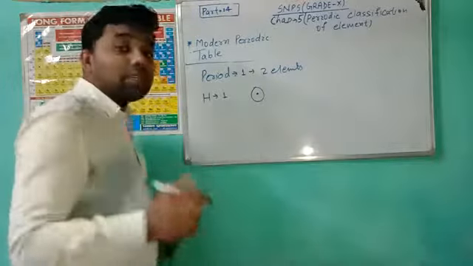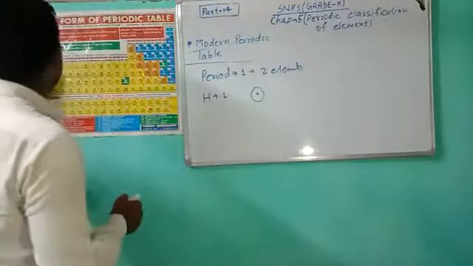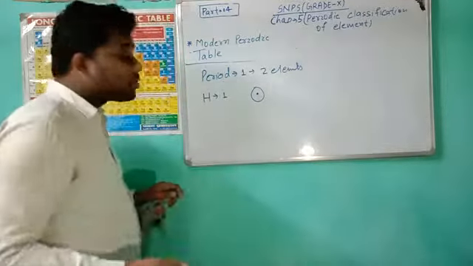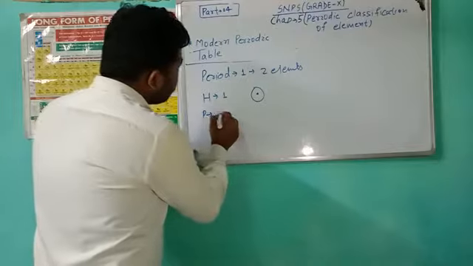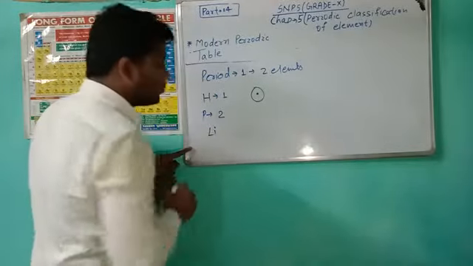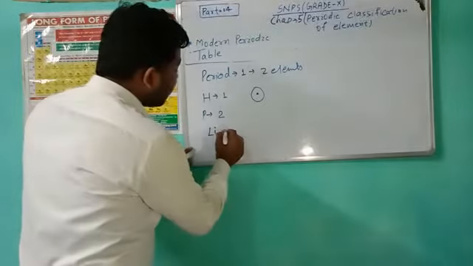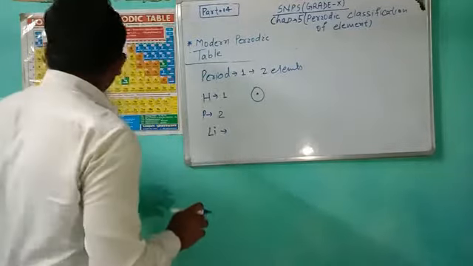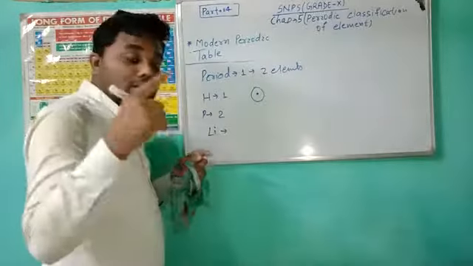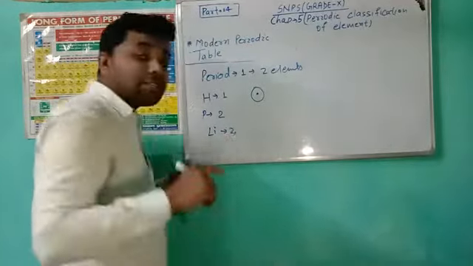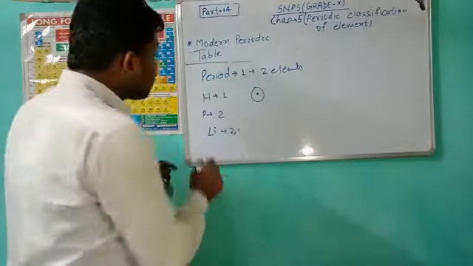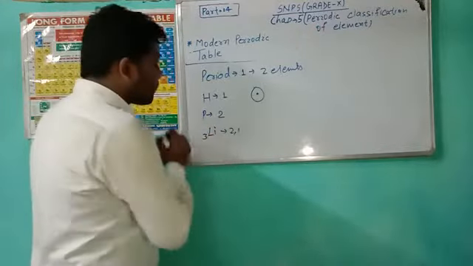And what about the second period, in which lithium, beryllium, boron, carbon, nitrogen and so on are present? If we take lithium and configure its electrons, the first orbit has 2 electrons and the second orbit has only 1 electron, because lithium has atomic number 3.